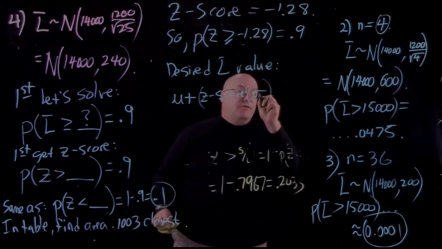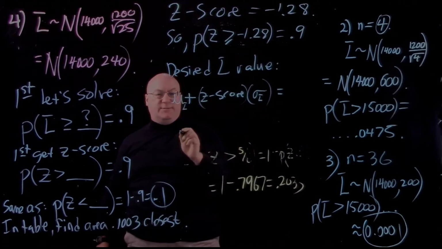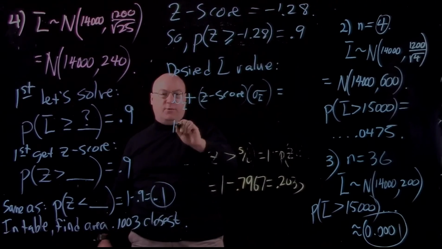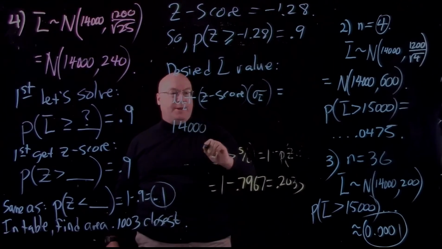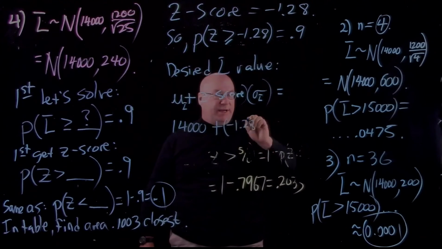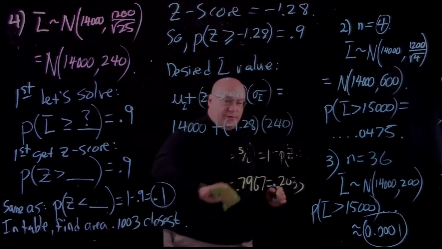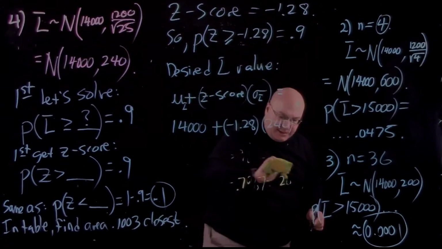So the mean is, as before, 14,000, plus the z-score negative 1.28, times our standard deviation of 240.